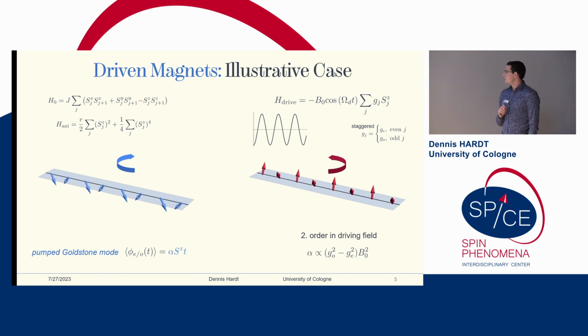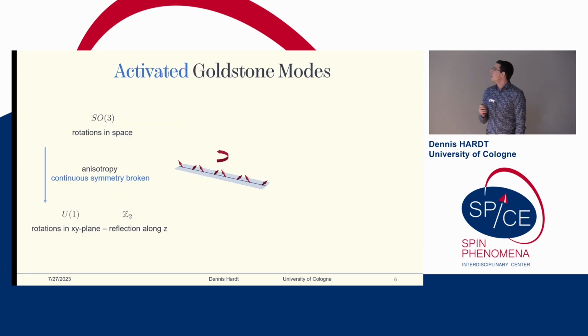In this perturbation, you will notice that for weak fields, it's a second order effect in the driving field. And here you can also see again that it's important to have it staggered. If we don't have it staggered, so we have the same coupling in space to the magnetic field, the effect is actually 0 again. So what we have done here is basically activate this Goldstone mode, the rotation in the XY plane.